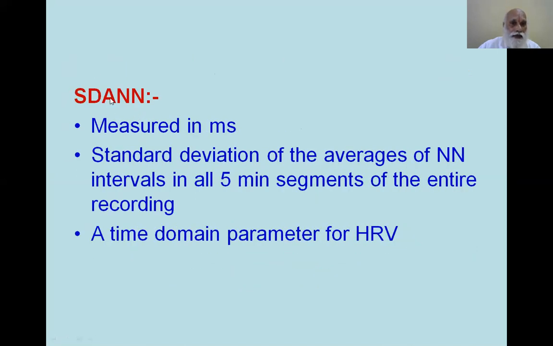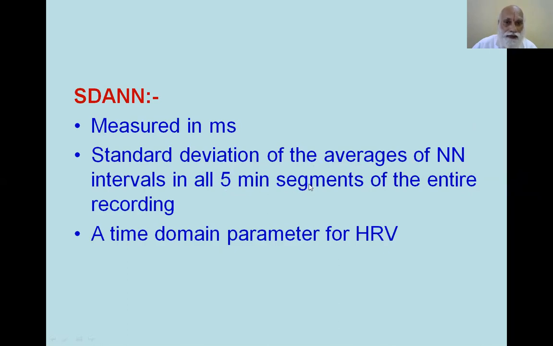So SDANN. This is also measured in milliseconds. It is the standard deviation of the averages of intervals in all 5-minute segments of the entire record. What this means is that in a record made for 24 hours, we have several 5-minute segments.